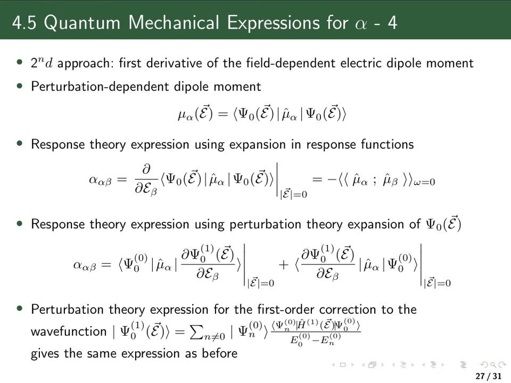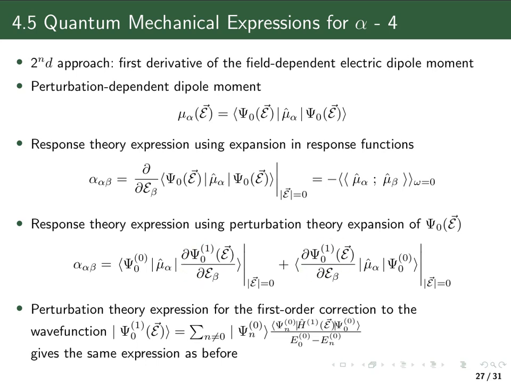You also could take an intermediate step, where we have not yet inserted the response function, but look just at the next term, the term which is linear, which of course includes the first order correction to the wave function, either in the ket or in the bra.